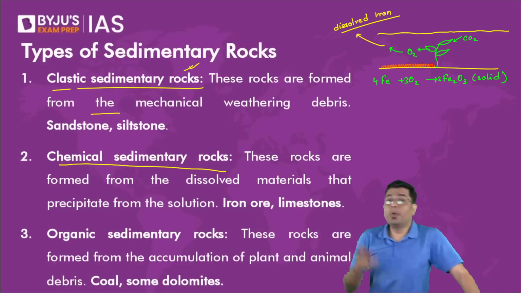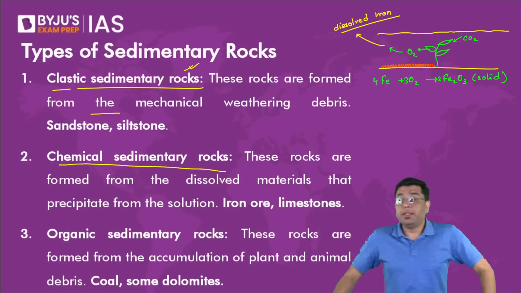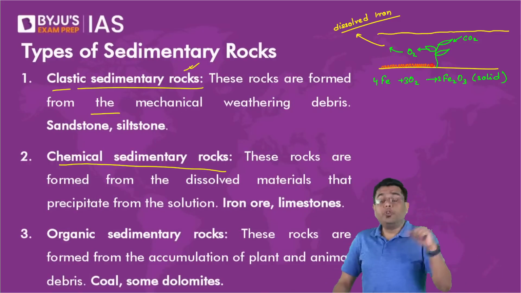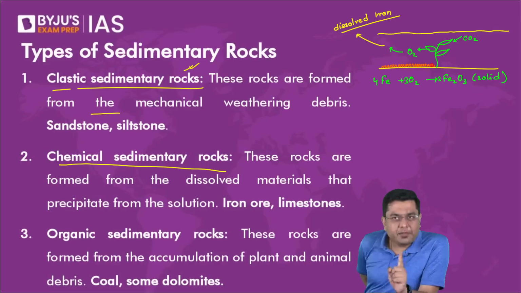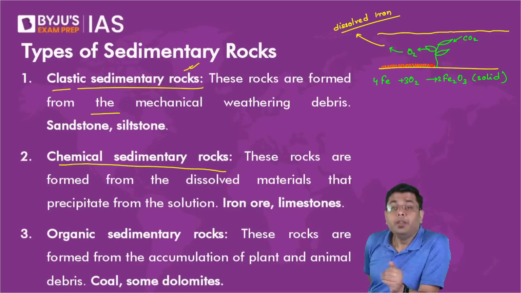Now, what about limestone? Limestone is also something which has been created underwater. That means wherever you come across a deposit of limestone, that region would have remained underwater at some point of time in the geological history of that region. So how is it that limestone gets created?